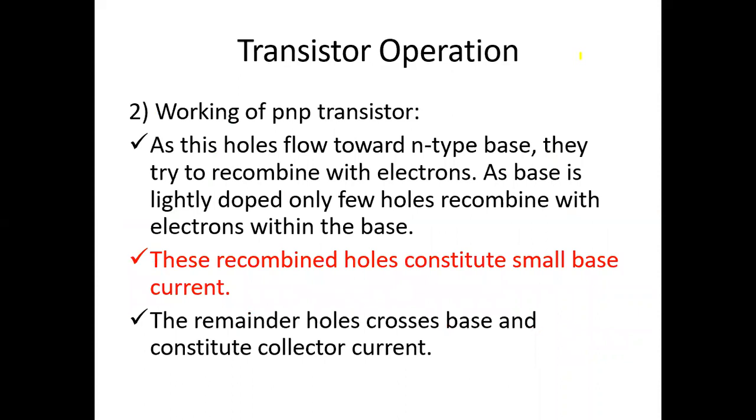Here the holes flow towards the n-type base, and they recombine with electrons. As the base is lightly doped, only a few holes recombine with electrons within the base. The recombined holes constitute a small base current, and the remaining holes cross the base and constitute the collector current.